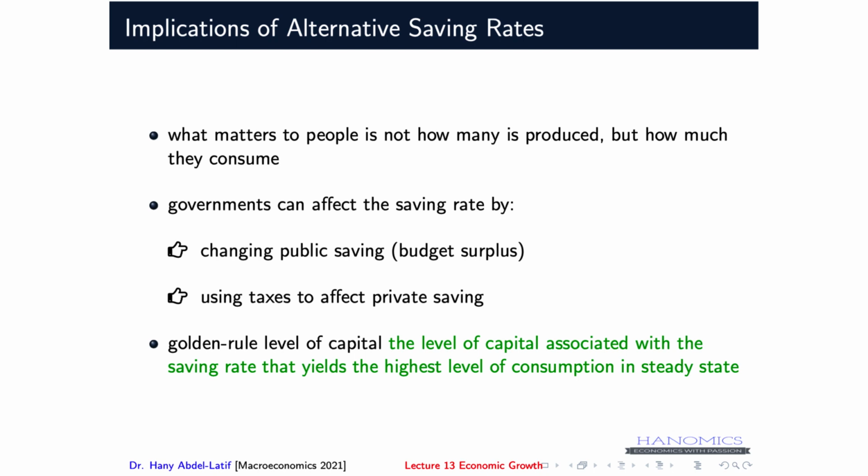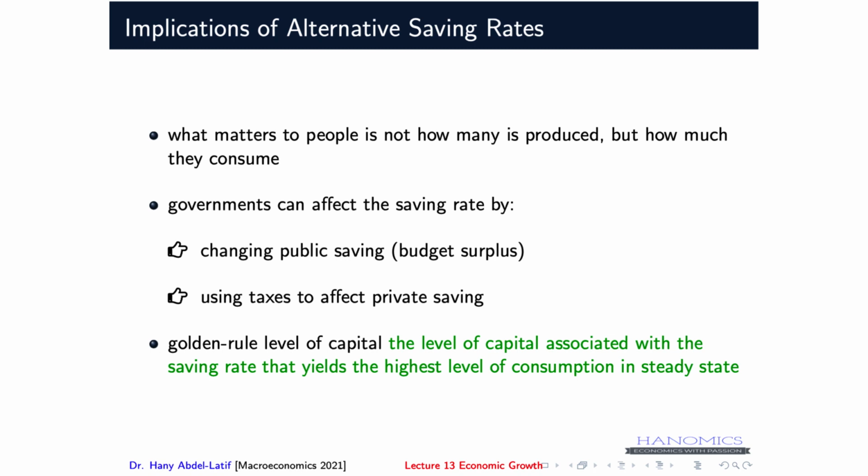How much they consume is based on their income, as we looked at in the consumption function before. We know that consumption depends on income, and income is split between two components, consumption and saving. So if you save more, that means you consume less. If you consume more, that means you save less, because the sum of savings and consumption equals income.